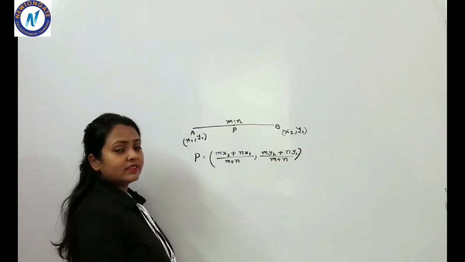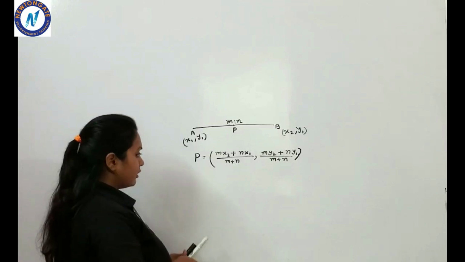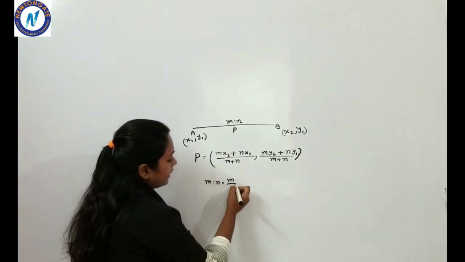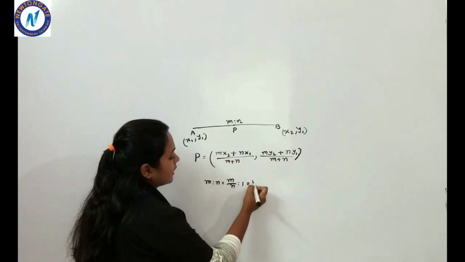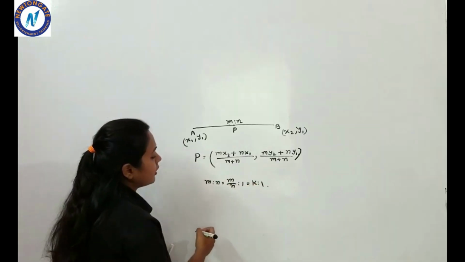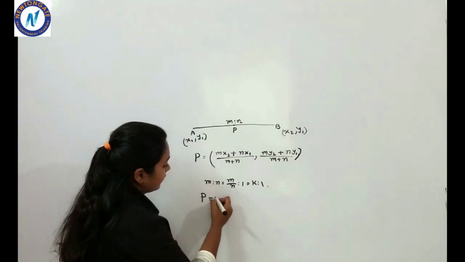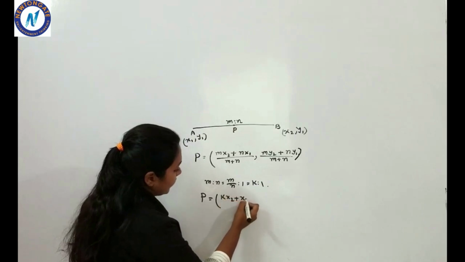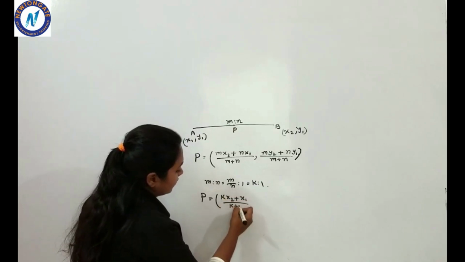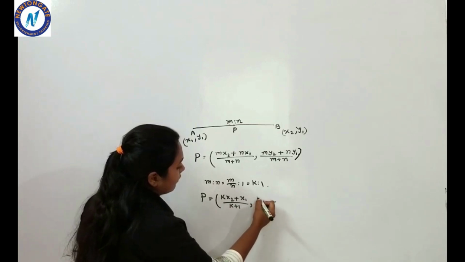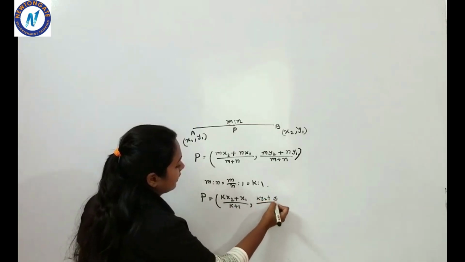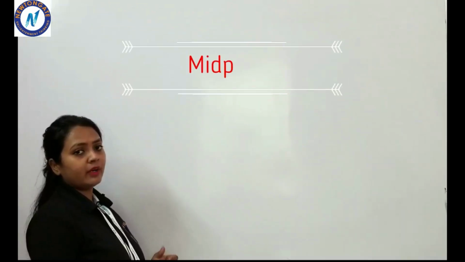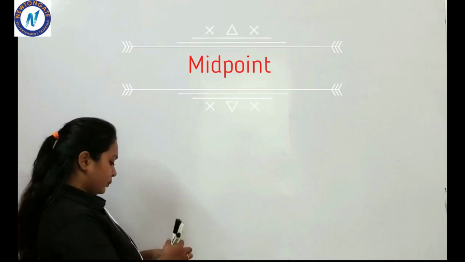This formula is known as the section formula, and we can also write m is to n as m by n is to 1, or k is to 1. Then the coordinate of P becomes k x2 plus x1 by k plus 1, comma, k y2 plus y1 by k plus 1. Now we will calculate the coordinate of the midpoint of a line segment PQ.